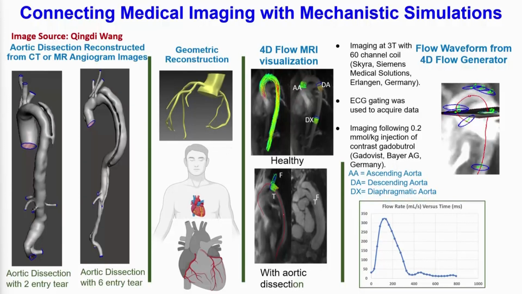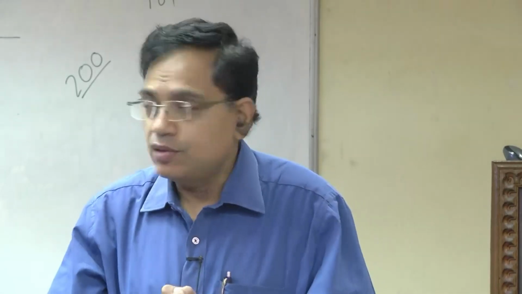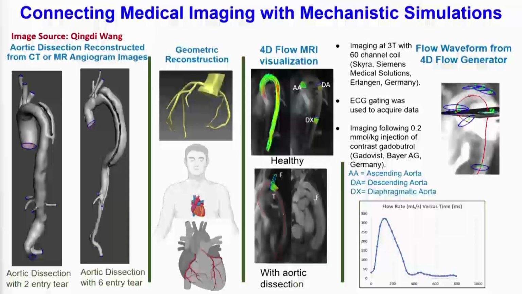Usually the medical image from which you get a geometric idea of what is there is the CT scan or MR angiogram. In the cardiac space, MR angiogram is very, very common. It is similar to MRI, but applied specifically to cardiovascular pathways.